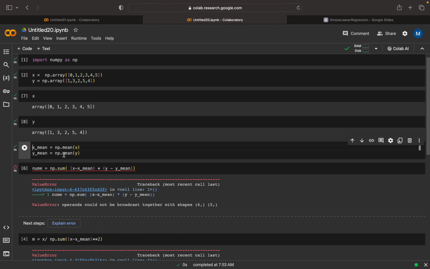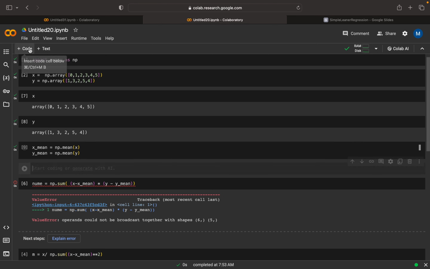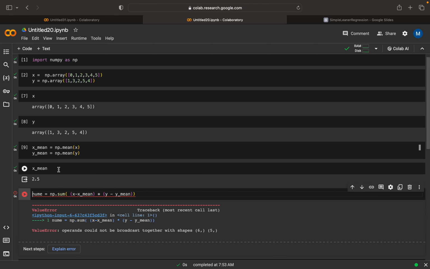And x mean is np.mean, and y mean is np.mean. So let me print this x mean. X mean is 2.5, but something went wrong here.